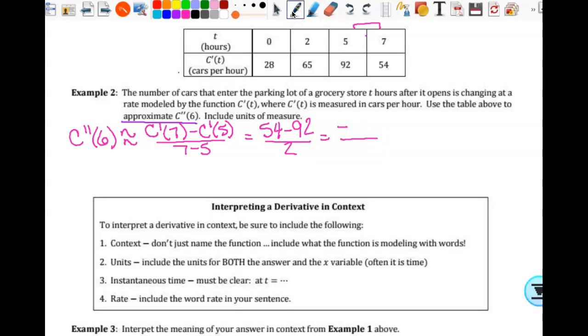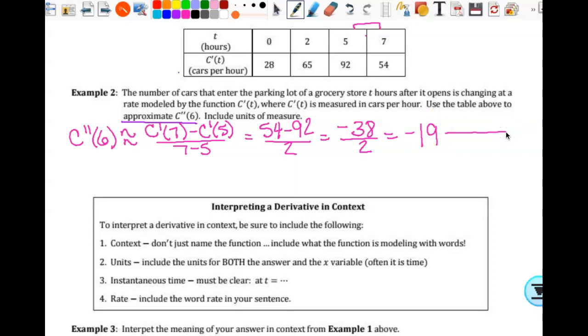Negative what? 40. What did you say? 38? Is that what y'all got? Over 2. Am I right? I think I'm right. Yeah, I was right. Over 2, and then that gives me a negative 19.